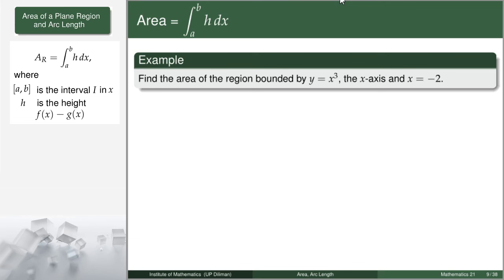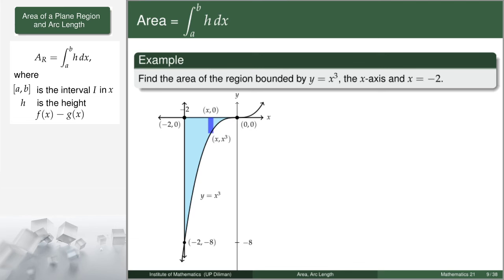The first thing to do is to draw the region. Drawing the region will tell us what a and b are. At the same time, it will tell you what f and g are. Remember, to know what f and g are means to know what is the function above and what is the function below.